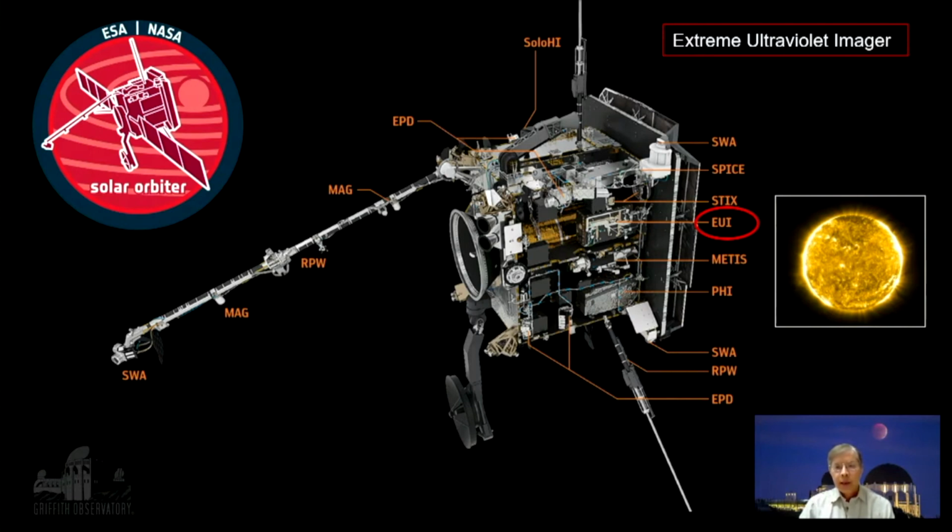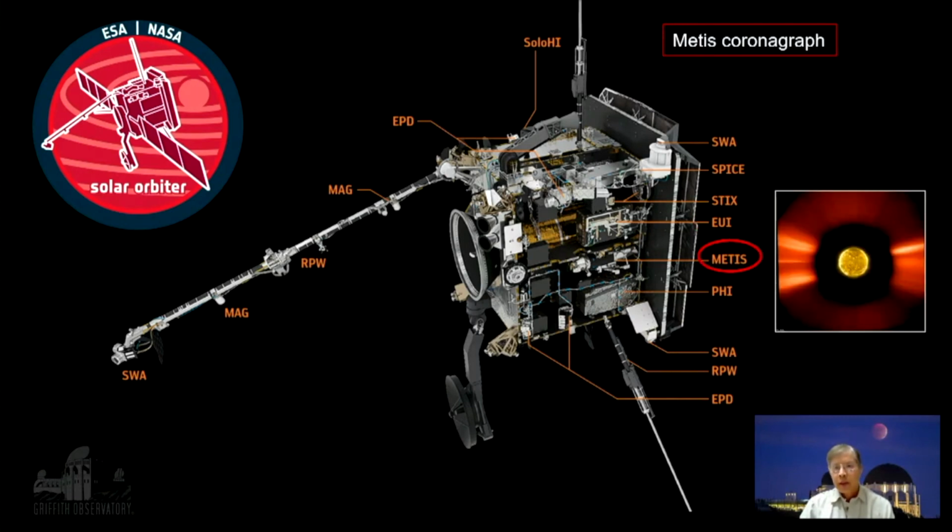Now, the next instrument captures the corona, the outer atmosphere of the sun. This is a little bit further out. It's the reddish part you see in the image surrounding the ultraviolet image.